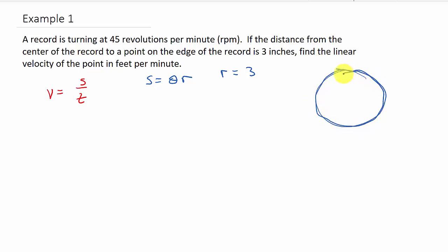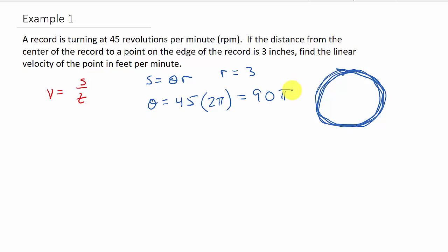And then we go around again, that would be 4 pi, 6 pi, 8 pi, 10 pi, and so on. So what would be the angle? Well, it's 2 pi times the number of times that it's going around, which is 45. So here we have theta is equal to 45, that's the number of times it goes around, times 2 pi. That's the angle it makes each time it goes around. So that's going to be 90 pi. So there's theta.